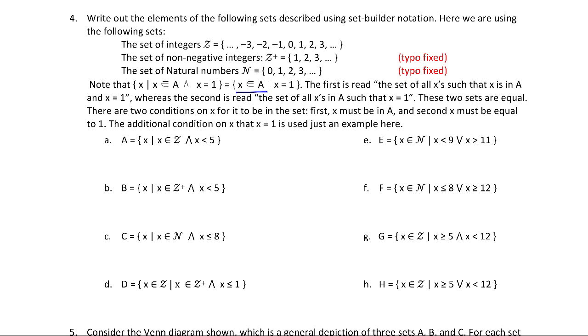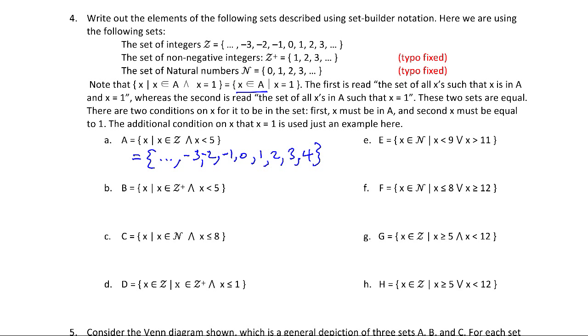So I'm going to go ahead and say, okay, integers include all the way down to minus infinity, so A includes ... minus 3, minus 2, minus 1, 0, 1, 2, 3. They have to be less than 5. So 4 is less than 5, but 5 is not less than 5. So I can't go up to 5, and I better stop there. So there's the first one, and this is an and. It has to be both.